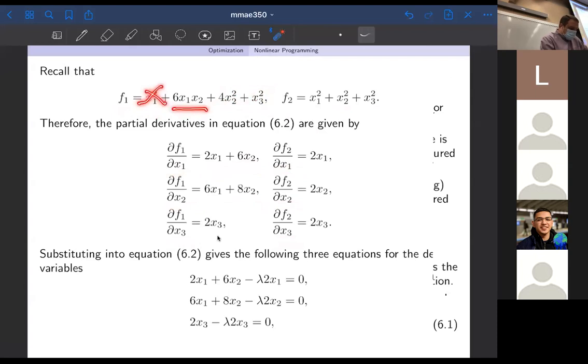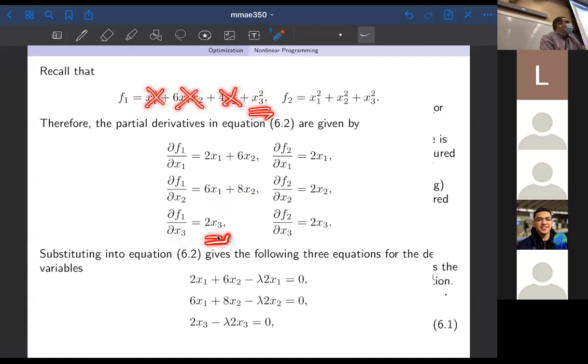Second term is 6x1. Third term is 8x2, and there's no x2s in the last term. Finally, with respect to x3, no x3s, no x3s, no x3s. Differentiate this with respect to x3, that's just 2x3.